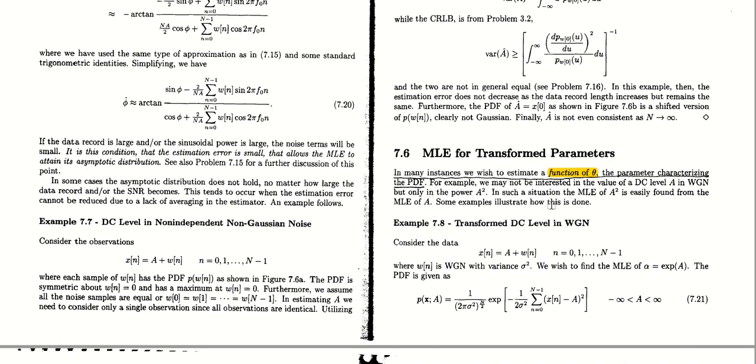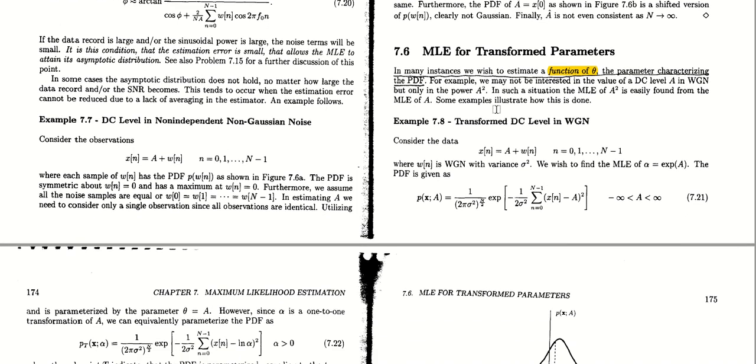So for example, we may be interested in the value of DC level in WGN, but only in the power A square. In such a situation, the MLE of A square is easily found from the MLE of A. Some examples illustrate how this is done.